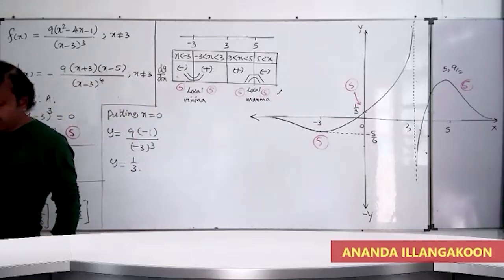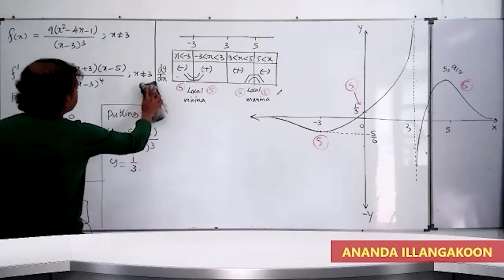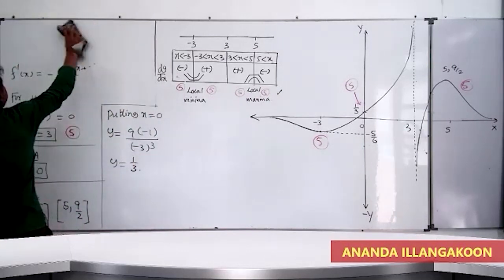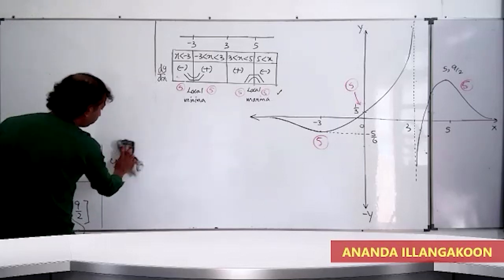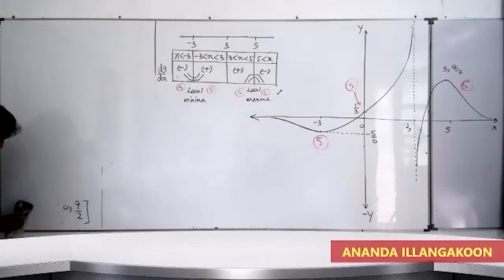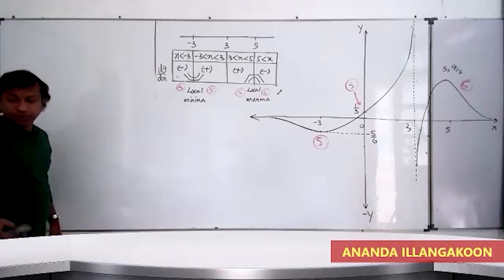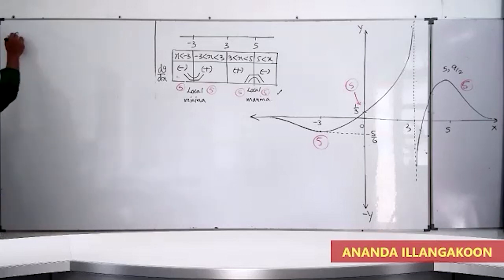Then you can write the next part like this. Another table you have to prepare there. Right? You can write f double dash x is given now.